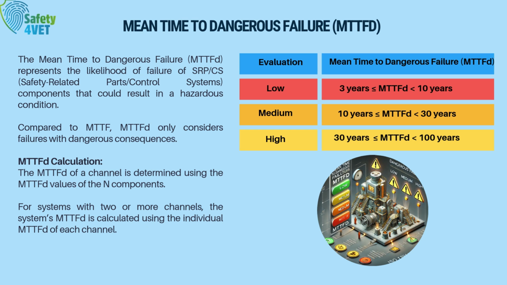The ISO 13849-1, 2006 standard simplifies the design process by classifying MTTFD values into three ranges: low, medium, and high. This evaluation plays a critical role in ensuring machine safety.